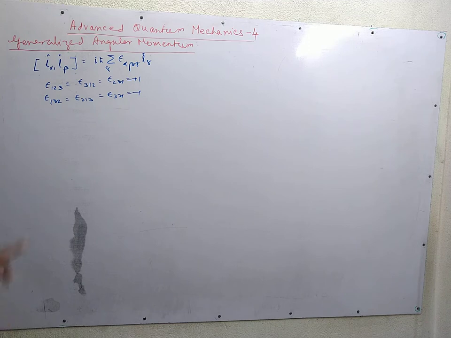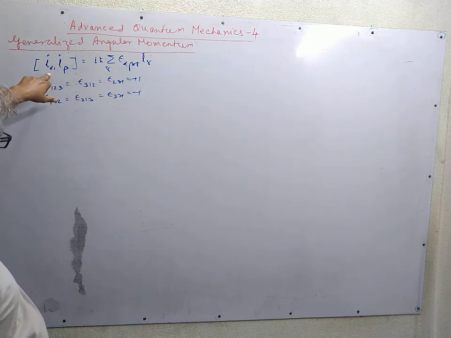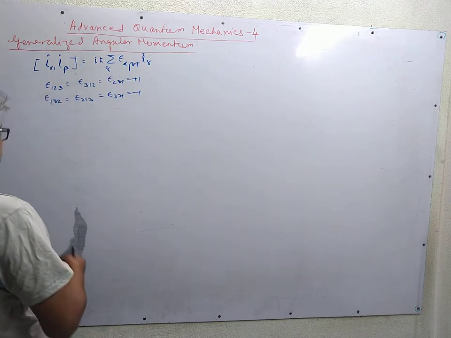So that is to say that [Lx, Ly] is equal to i h-bar Lz, and [Ly, Lx] is equal to minus i h-bar Lz, etc.